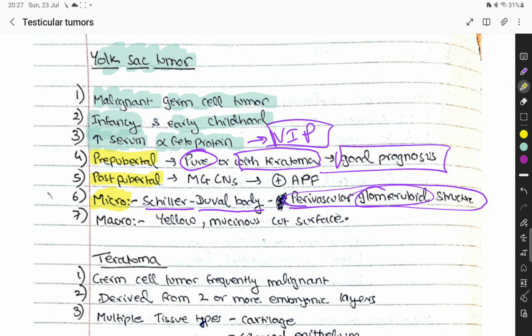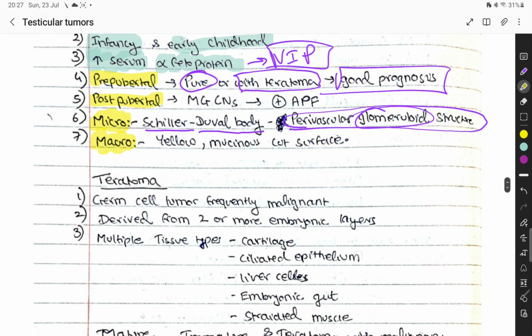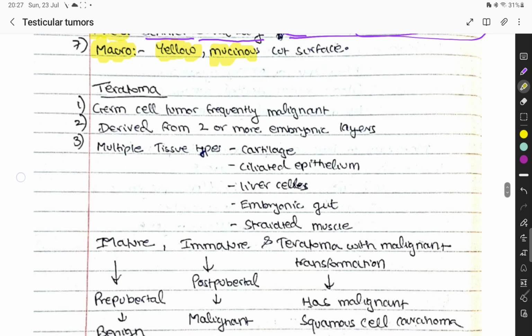It increases alpha fetoprotein. Prepubertal has a better prognosis, postpubertal has a worse prognosis. Microscopically, you see the Schiller-Duval body, which is a perivascular glomeruloid structure that looks like a glomerulus. Macroscopically, it is yellow, and you have a mucinous cut surface.